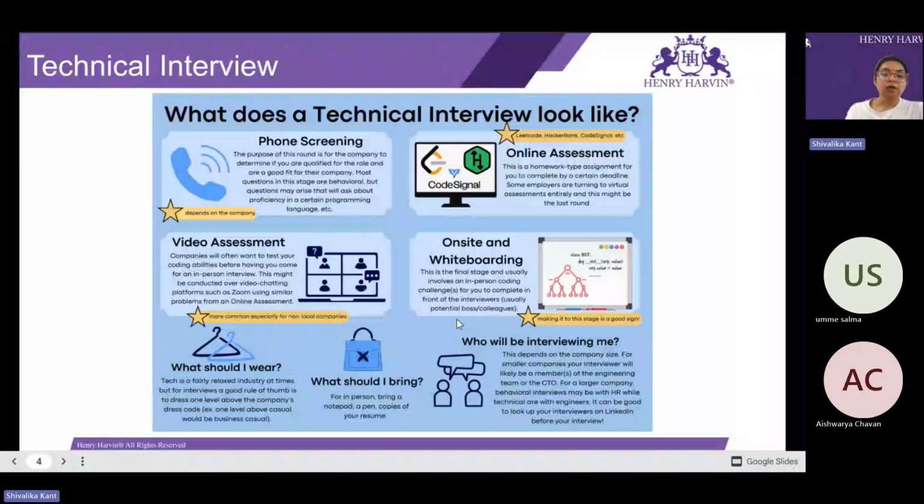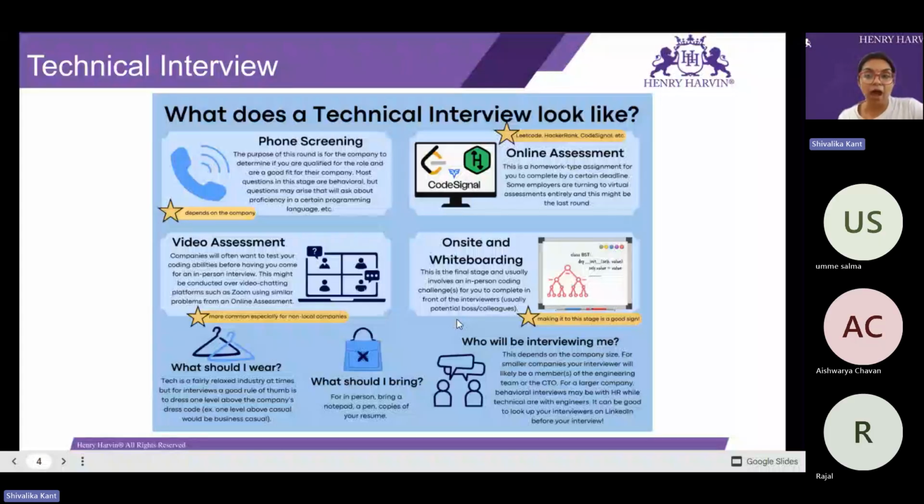Now when we are talking about how to prepare for the technical round, very, very important: you have to understand how your technical interviews will be.